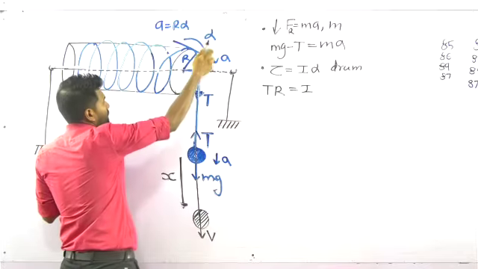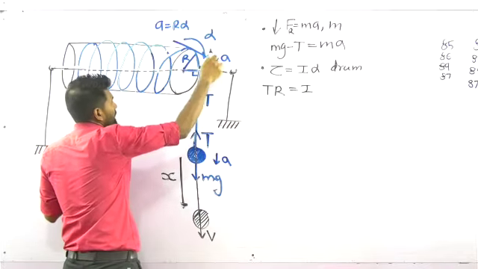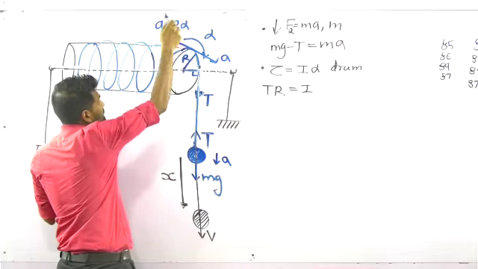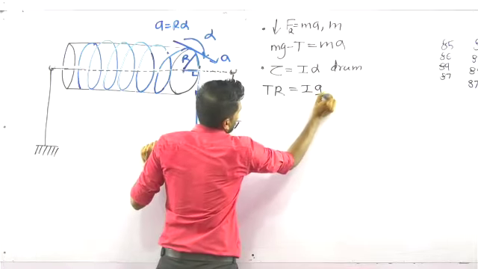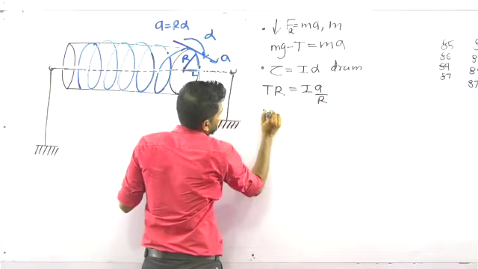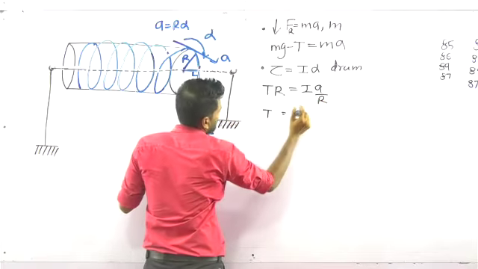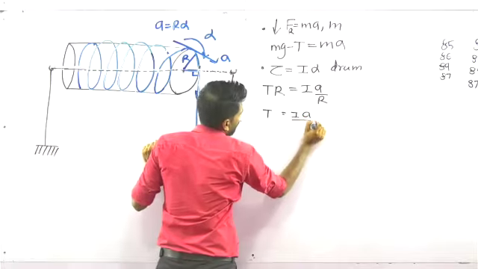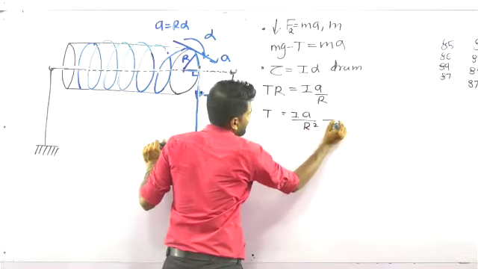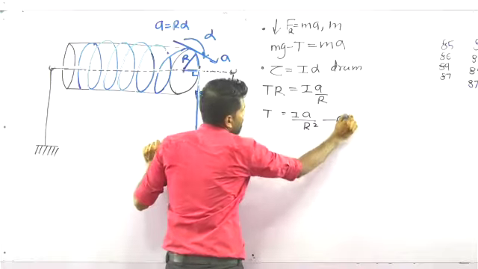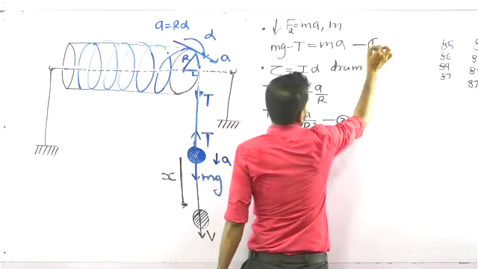Since a equals r alpha, alpha is equal to a over r. So T is equal to I a over r square. That is the second equation. Now I have two equations.